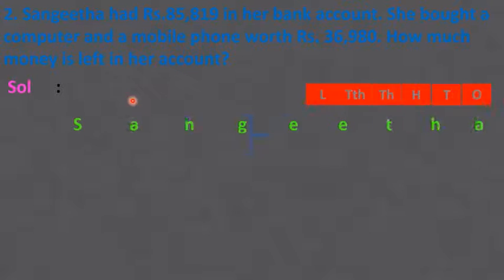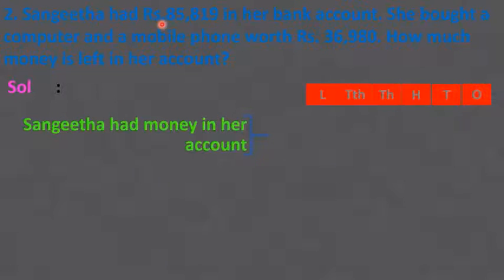What do we have to do? Subtract. So what steps do we write here? As usual, first put the places. In the question itself, you observe: Sangeeta had money in her account. You can write is equal to, and when writing in two lines, you put an arrow mark, children.